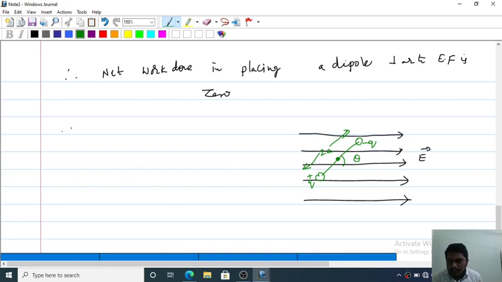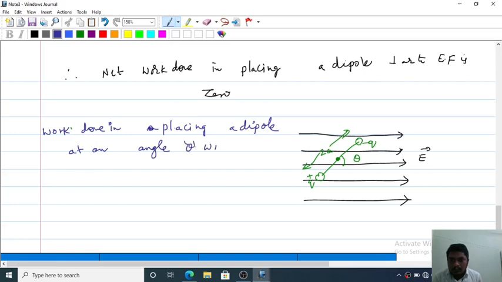So we need to find out the work done in placing a dipole at an angle theta with the external field.